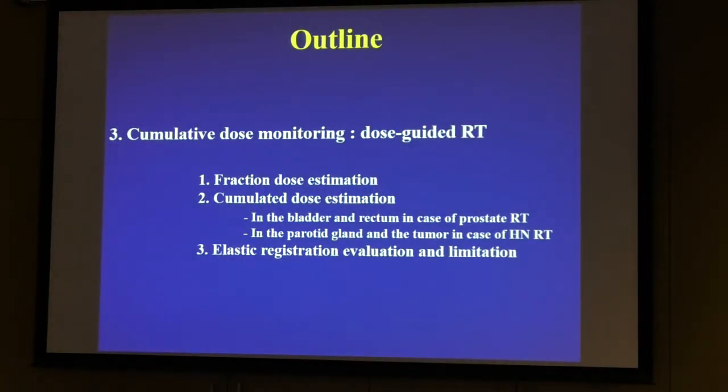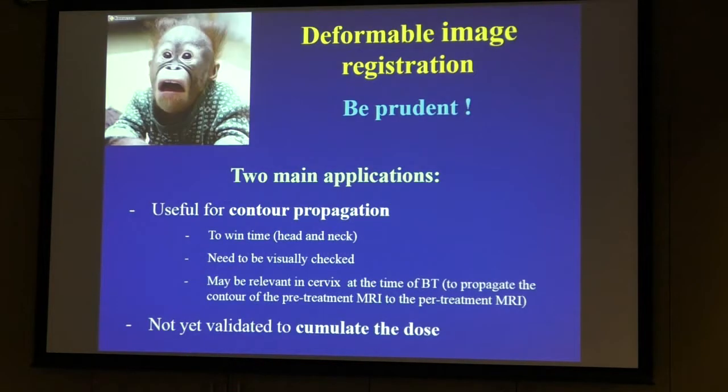So, after doing that, you really need to consider the limitations of this process, and this is mostly based on physics considerations. Because, to be honest, the use of deformable image registration in routine treatment, I don't know if you agree with that, is relatively obvious for contour propagation.